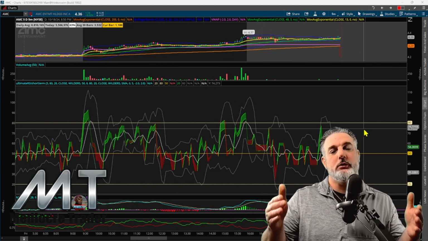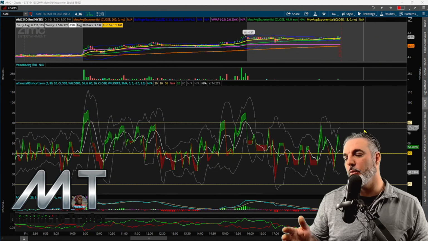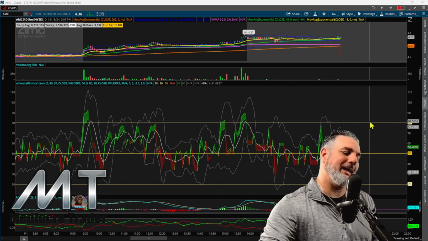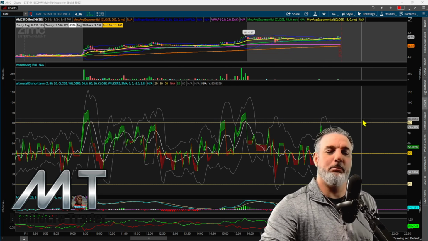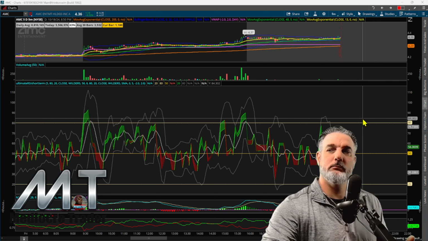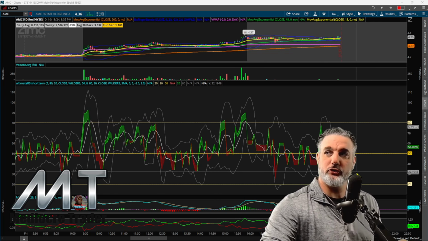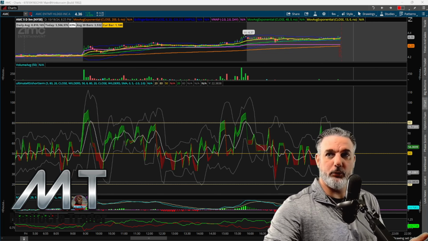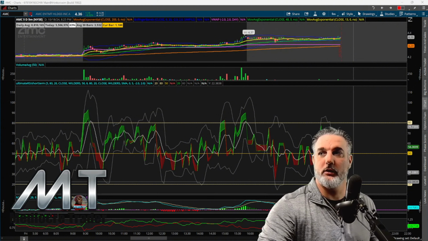Some people use 70-30. I choose 80-20. But when my RSI gets to 80 or above, I know it's overbought. Okay? And vice versa. When it gets to 20 or below, I know it's oversold. That's basically how I use RSI.